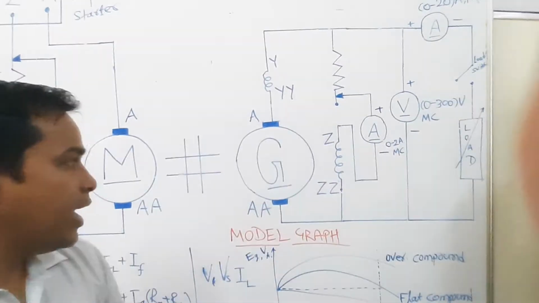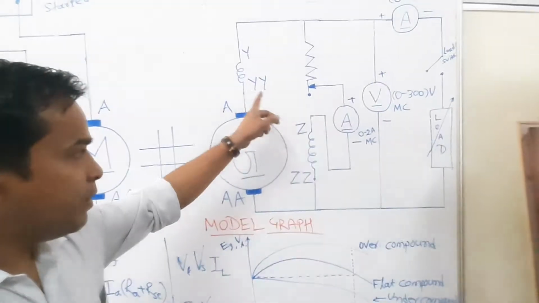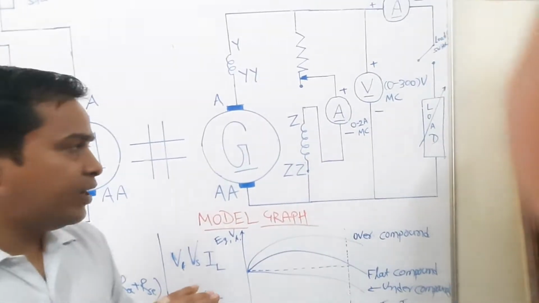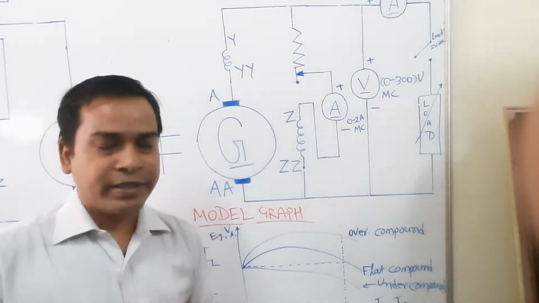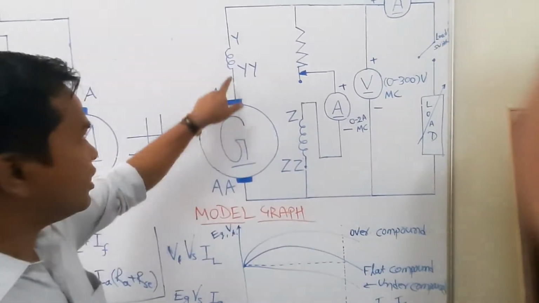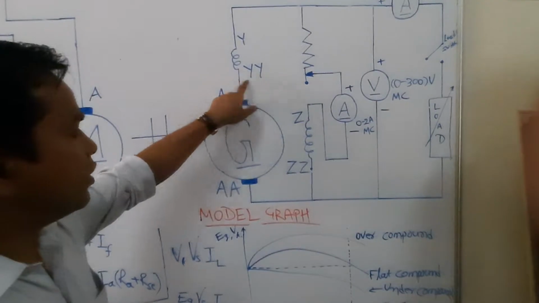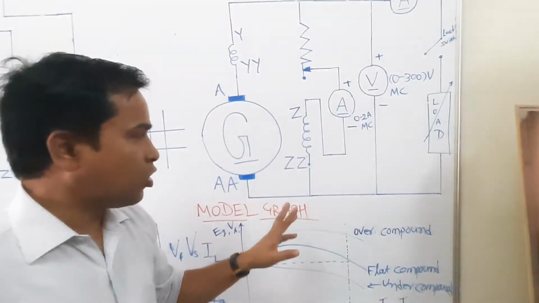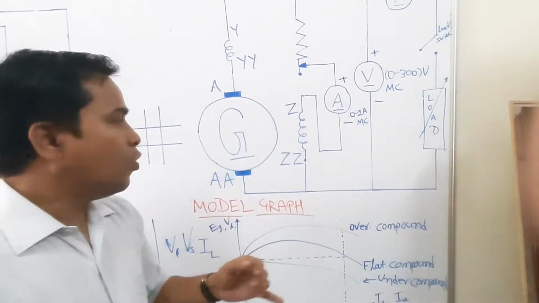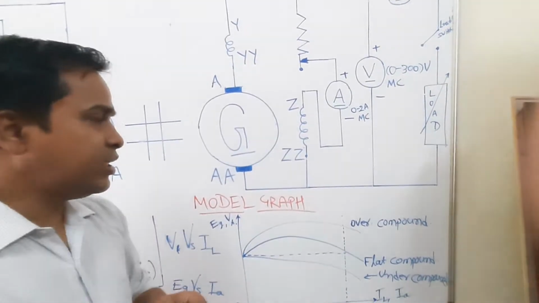Again, this compound generator has many types of classification on different bases. Particularly, they are classified on three bases. First one, how these two are connected. Depending upon the way these are connected, there are two types of compound generator. One is long shunt, another is short shunt.